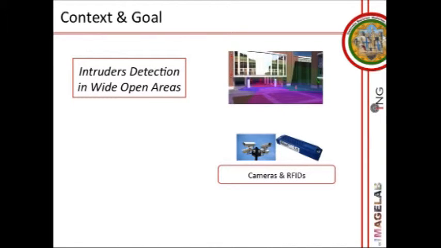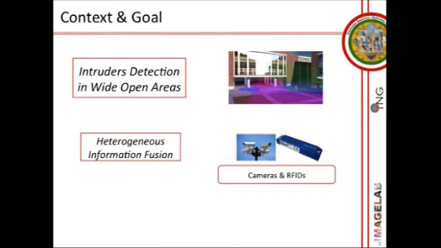To accomplish this task, we can use different kinds of sensors. Cameras are pretty good for localization, while RFIDs are pretty good for identification. But we need a sensor fusion system to merge this data.